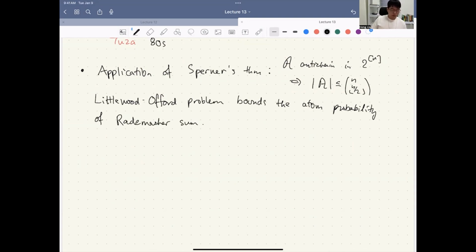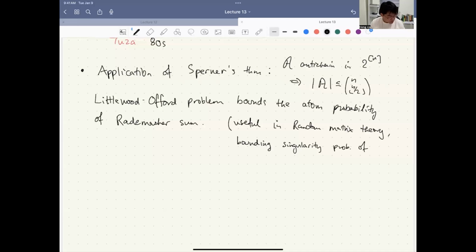It's an important result in random matrix theory, and it is used, for example, to bound the singularity probability of random matrices. Useful in random matrix theory. In particular, bounding the singularity probability of random matrices.